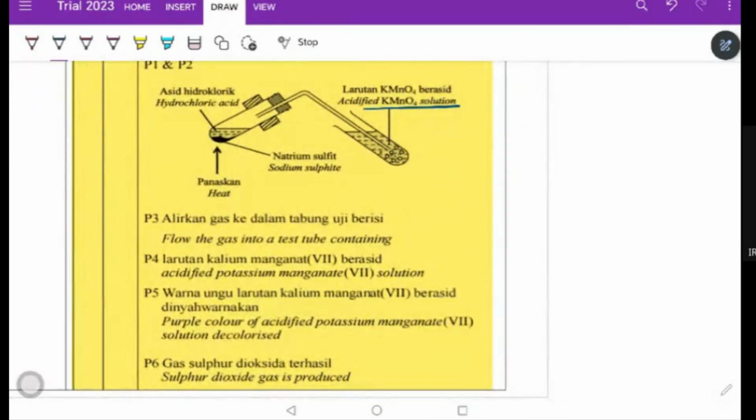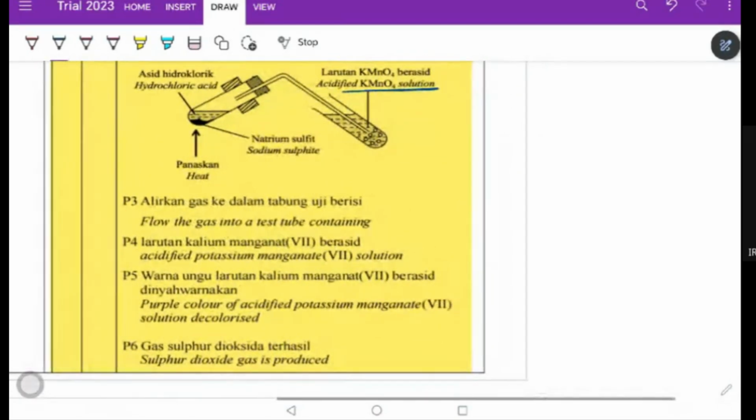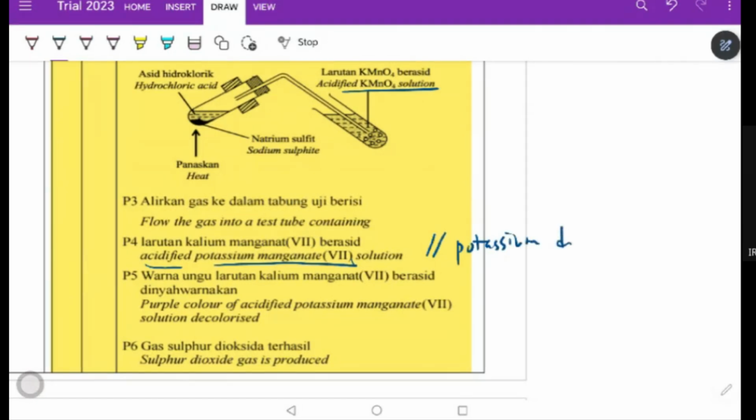Label diagrams. Flow the gas into the test tube containing acidified potassium manganate(VII), or what we learned today is potassium dichromate(VI) solution.